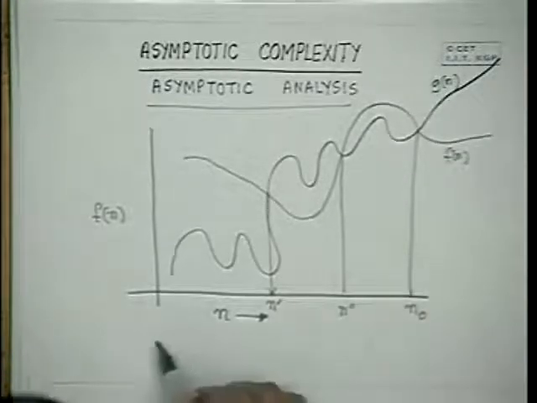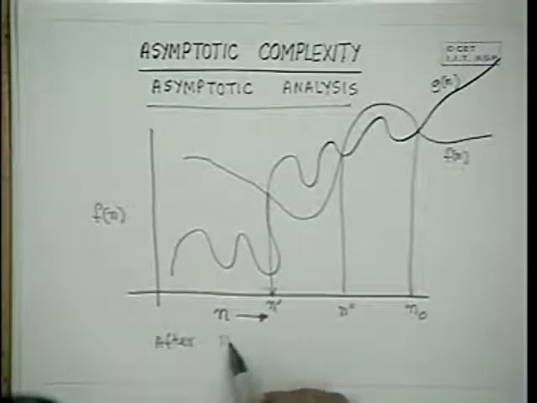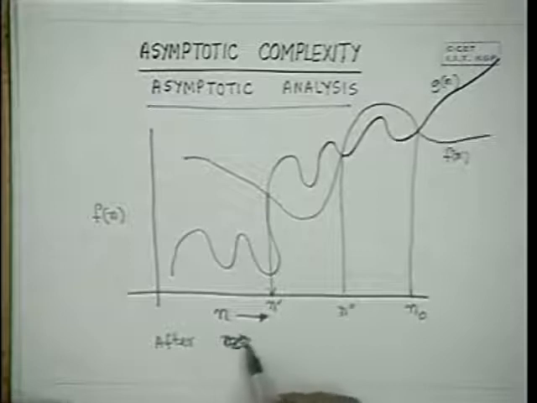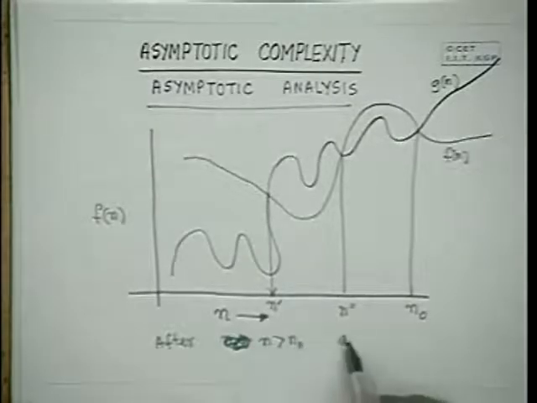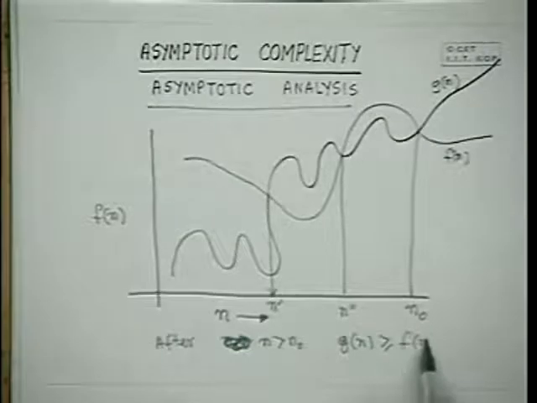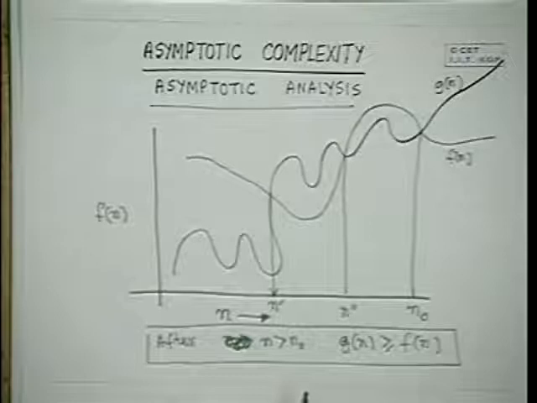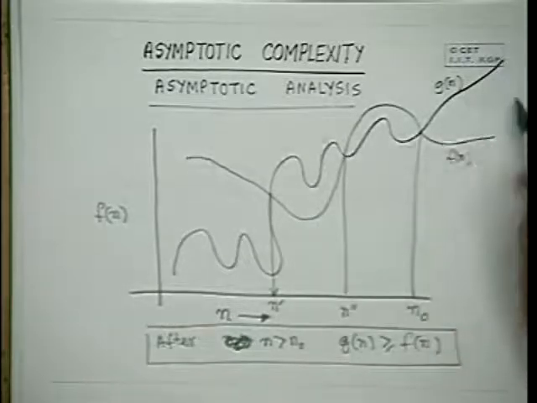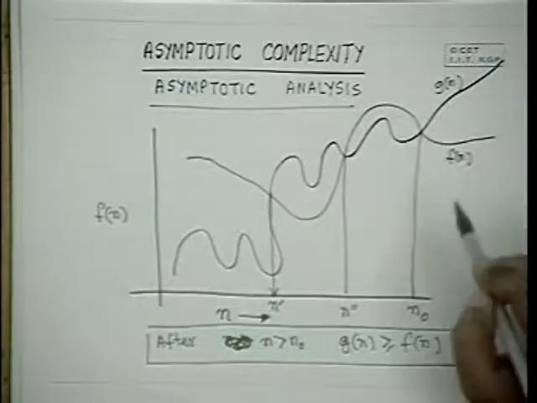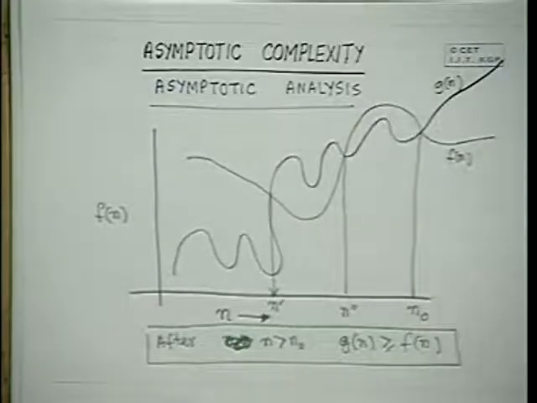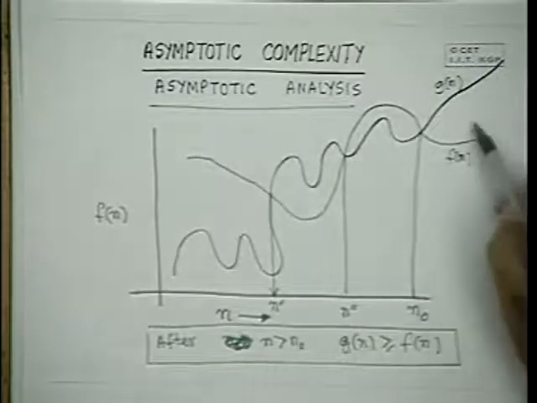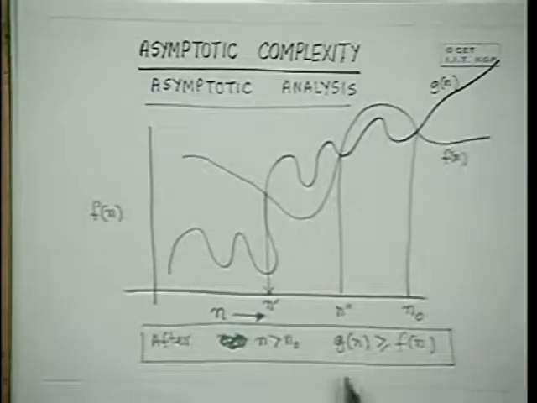That is, after n greater than n naught, and usually these are positively growing functions. They are not like sine waves and all that, continuously going up and down and up and down. Because we are measuring time, and time is usually expected to increase with more increase in input size. So after n, this is said to be greater than this. This is how you compare them asymptotically.